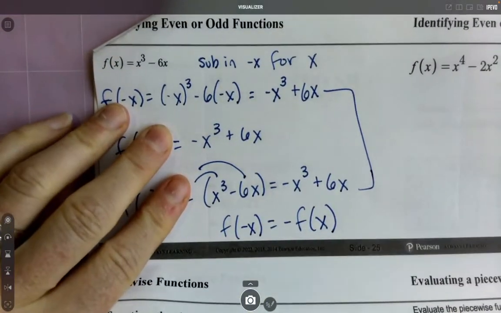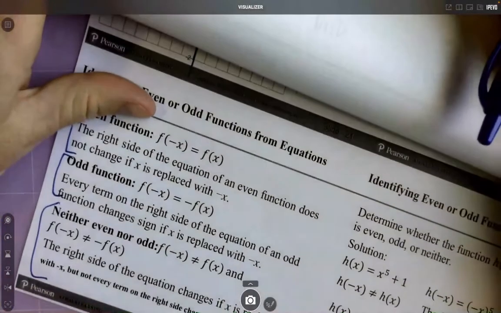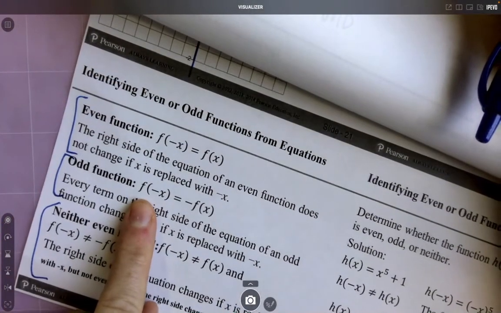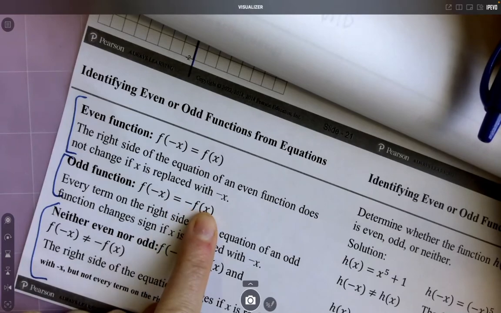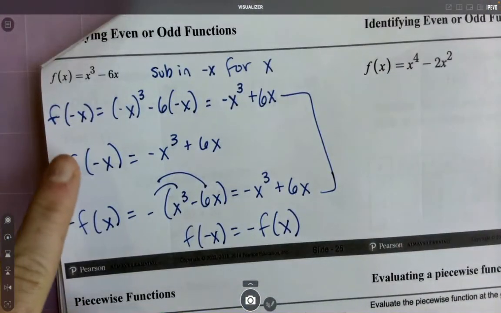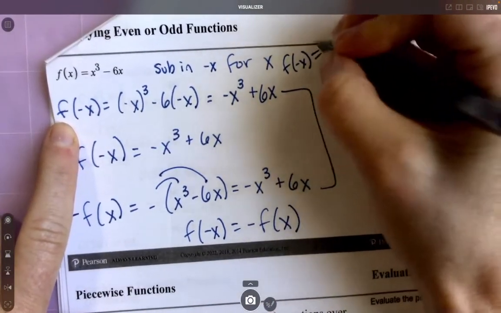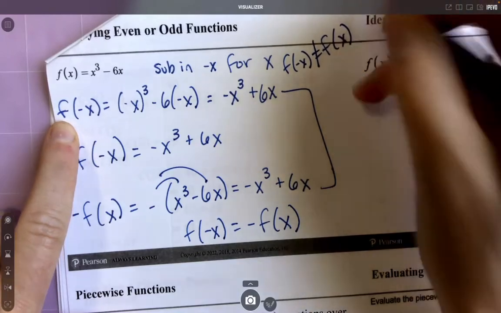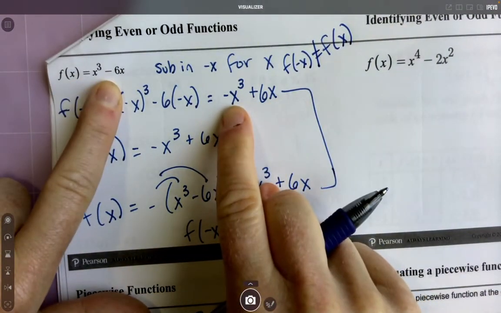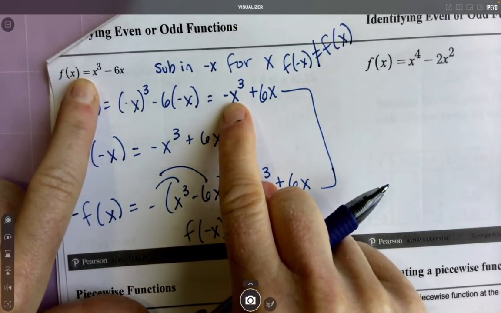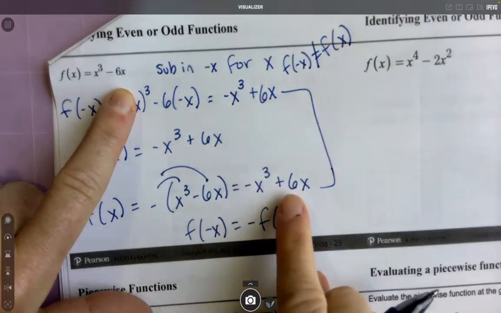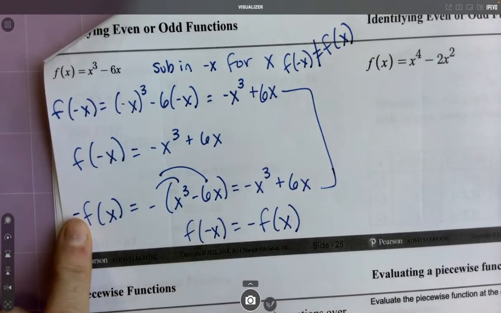So whenever we got that, f of negative x equals negative f of x. So I knew it wasn't even because f of negative x did not equal f of x. See how they were different? Both of them were changed somewhat, but they're the exact same, which is the same thing as doing negative f of x.